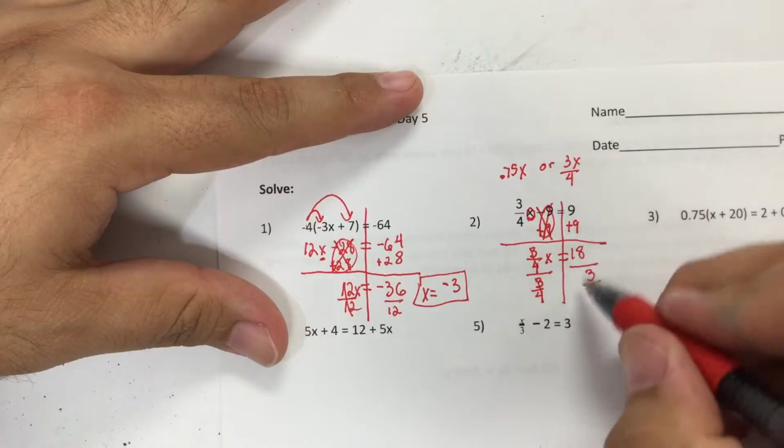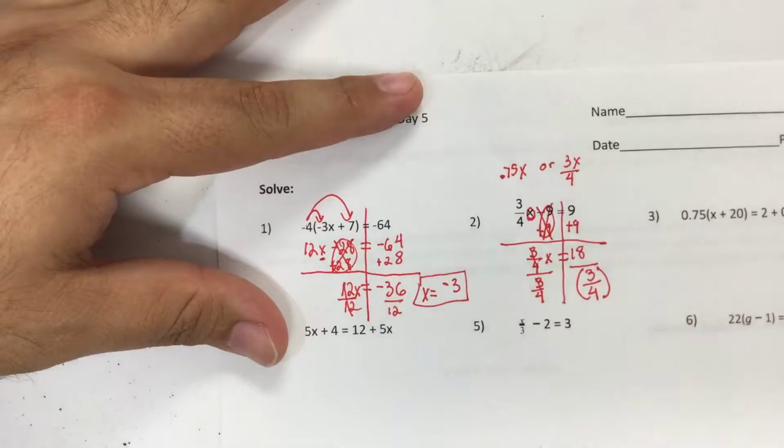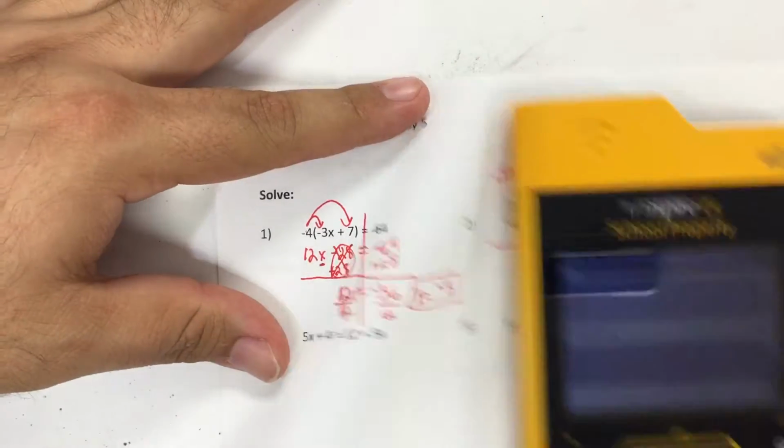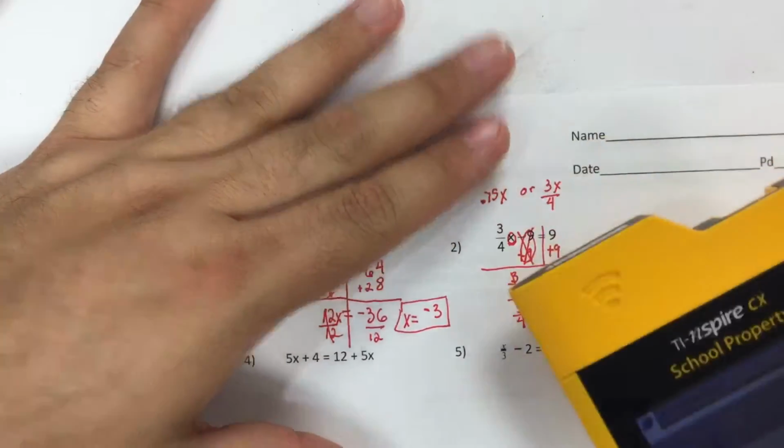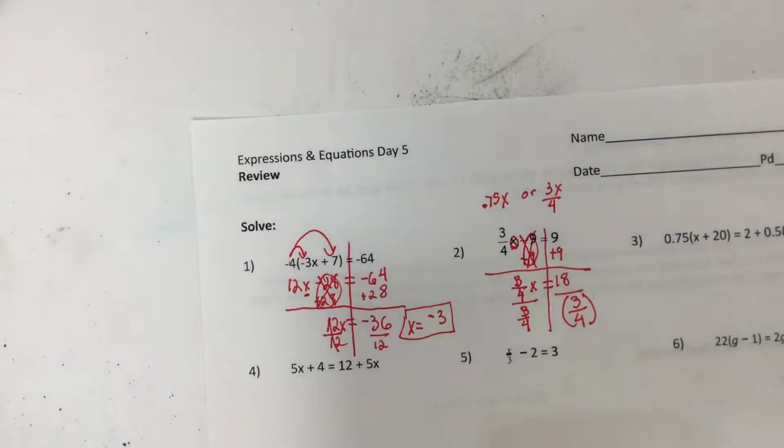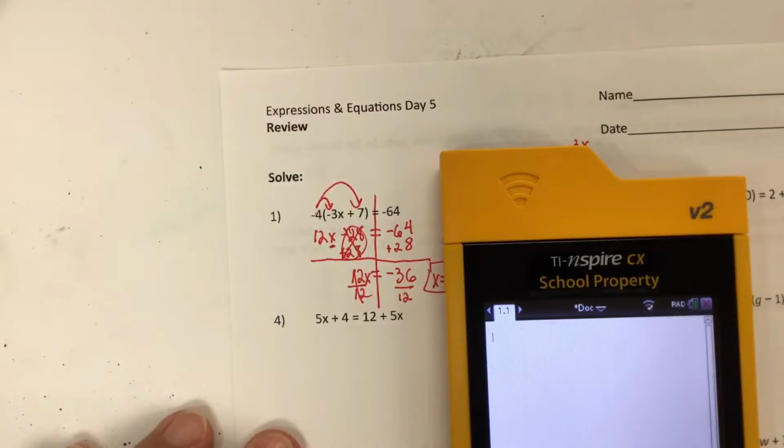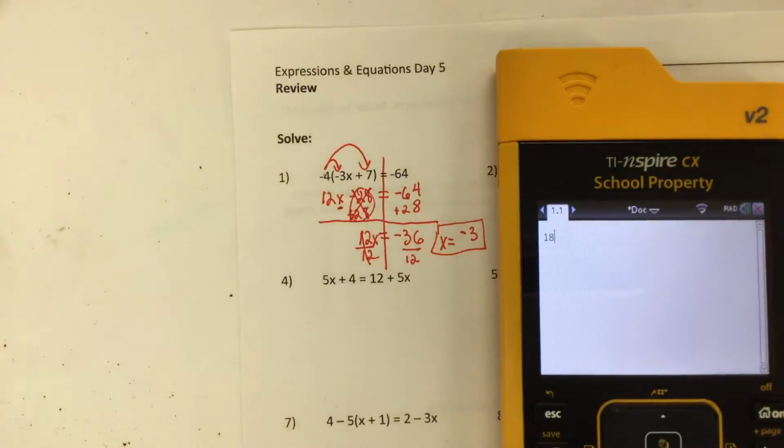Now, when we do this in a calculator, make sure we put this in parentheses, and I'm going to show you just how we should be typing it in the calculator here. Okay. So in the calculator, we should be typing it 18 divided by, and we're going to do parentheses. Okay, control divide.